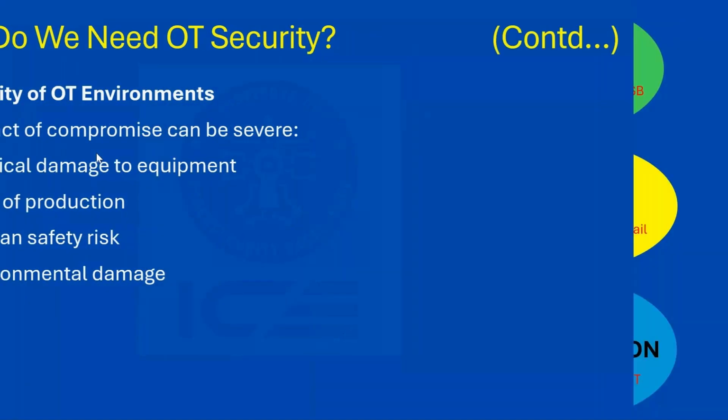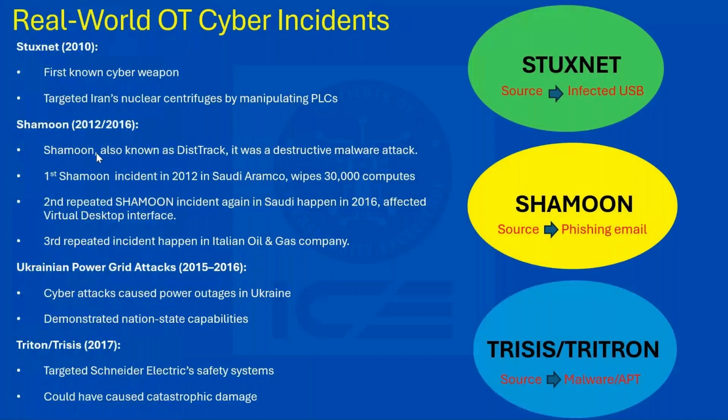So coming to the real world incidents, you can see Stuxnet. Many of you might have heard of it, if not: Stuxnet, in 2010, was the first known cyber weapon utilized on the industrial sector. It was a targeted incident on nuclear centrifuges, by manipulating the CPUs of the particular PLC.